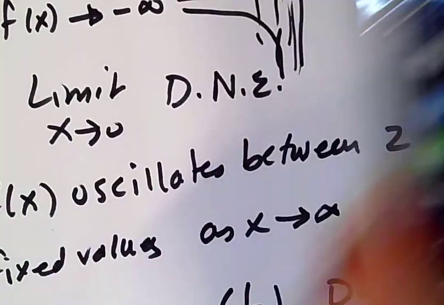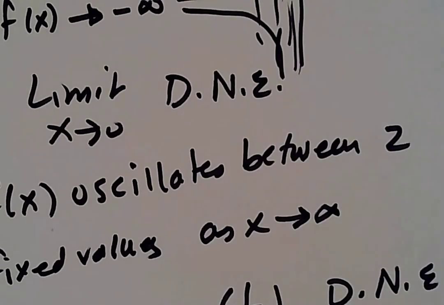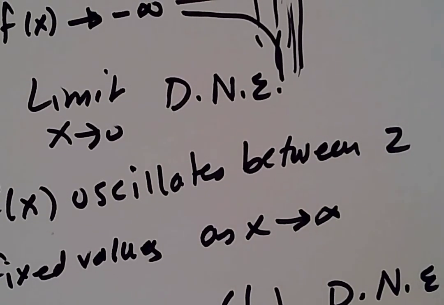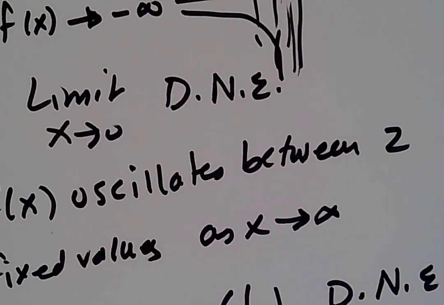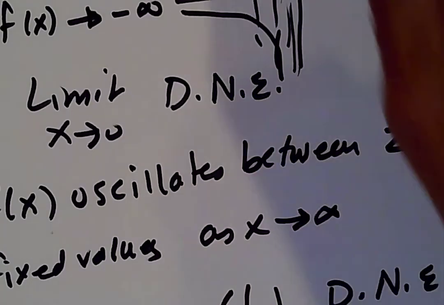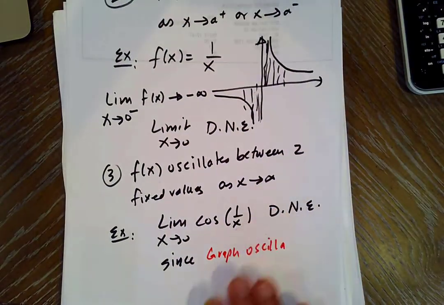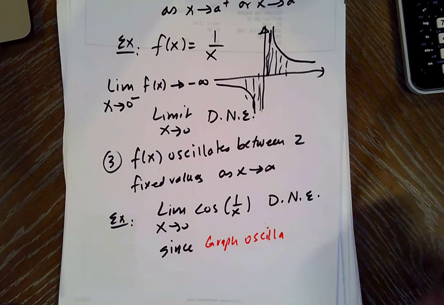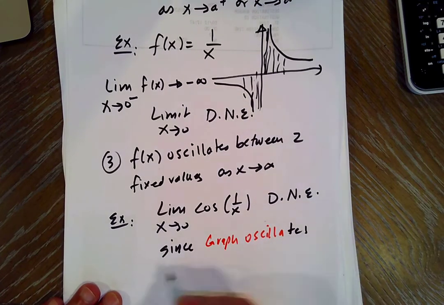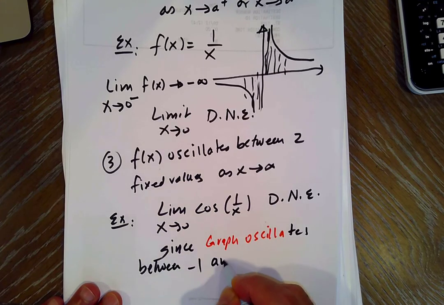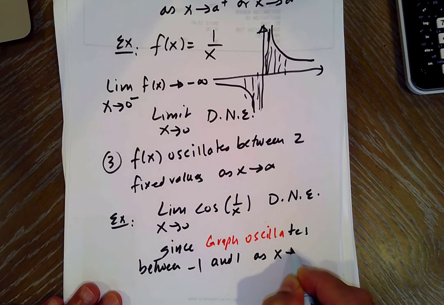It keeps oscillating. Oh, sorry, let me zoom out. Since the graph oscillates between negative 1 and 1 as x approaches 0, the limit does not exist.